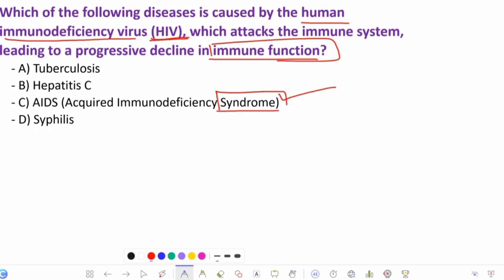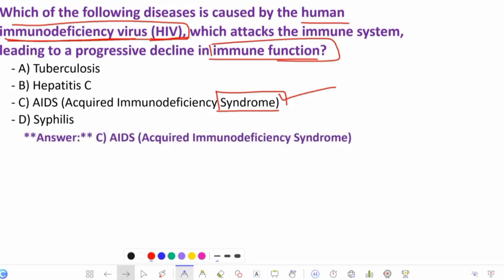It is a syndrome in which the immune system becomes weak due to infection with the human immunodeficiency virus, HIV. HIV is responsible for AIDS, and this disease causes weakness of immune function.